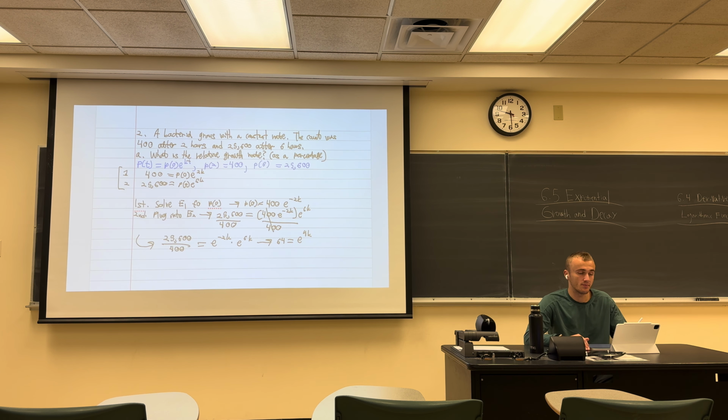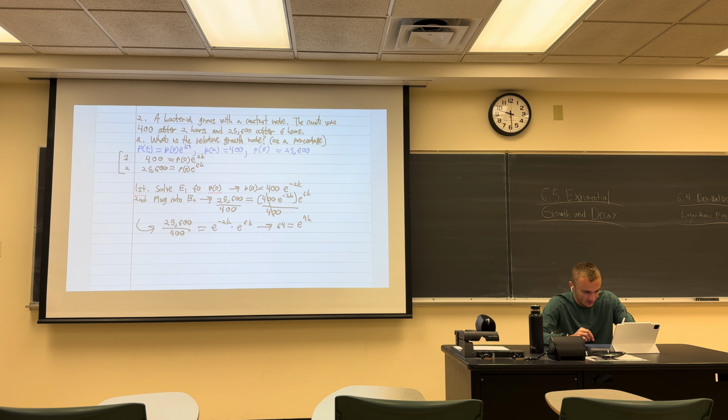And now we use the property of logarithms like we discussed in previous sections and apply the natural log. Third is to apply ln. That gives us ln of 64 equals ln of e to the 4k.